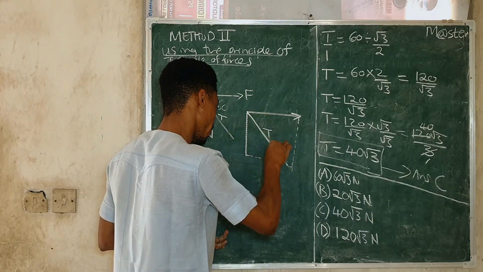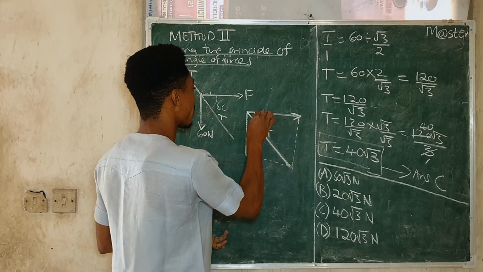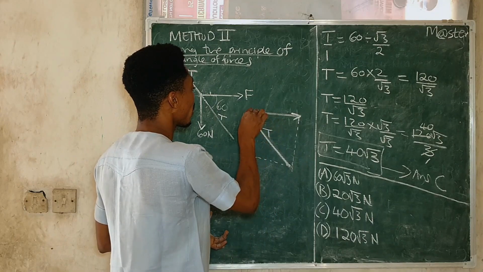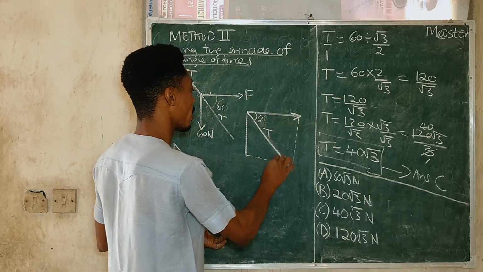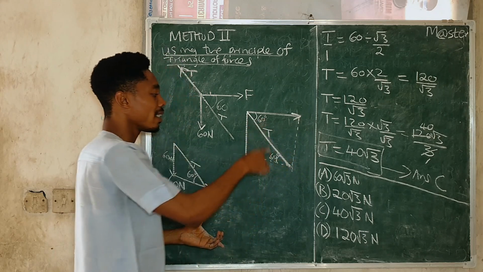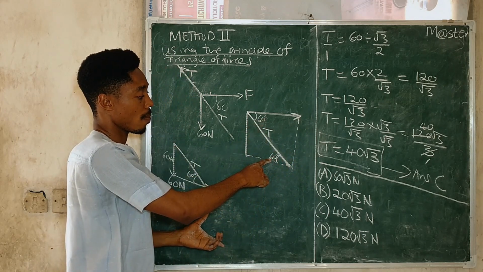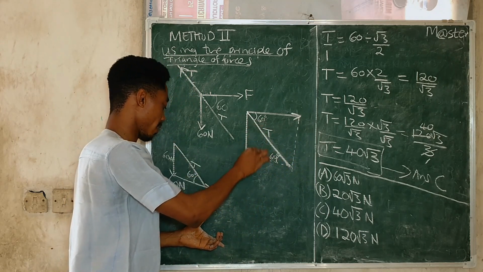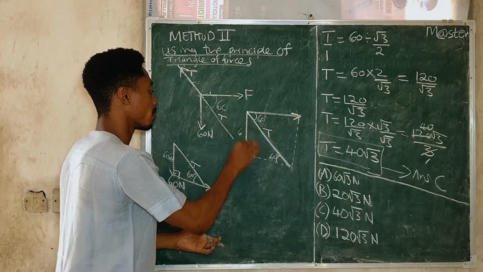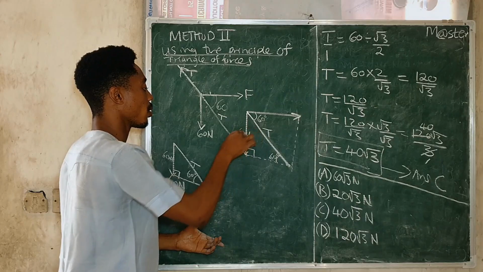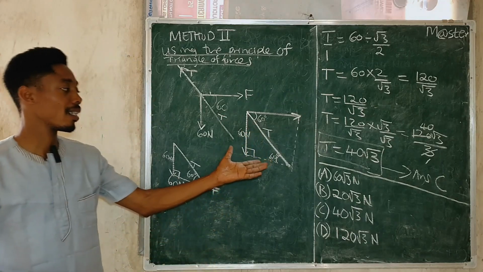Let me do that a bit more perfectly. You notice that this is 60 degrees, that if this line and this line are parallel, then this angle is also 60 degrees. These are alternate angles. This is 90 degrees, and this is 60 Newton because it's in that direction. So you can see that.